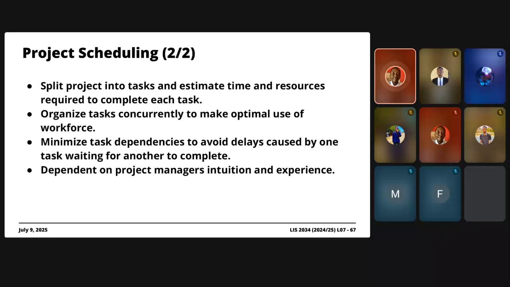And typically the recommendation is that you optimally organize these tasks such that you execute the project in the shortest possible period of time. And the strategy that is recommended is decoupling. So this notion that you want to reduce the interdependencies amongst the various tasks. You do not want a situation where you have a lot of tasks that are dependent on other tasks before they can be executed.